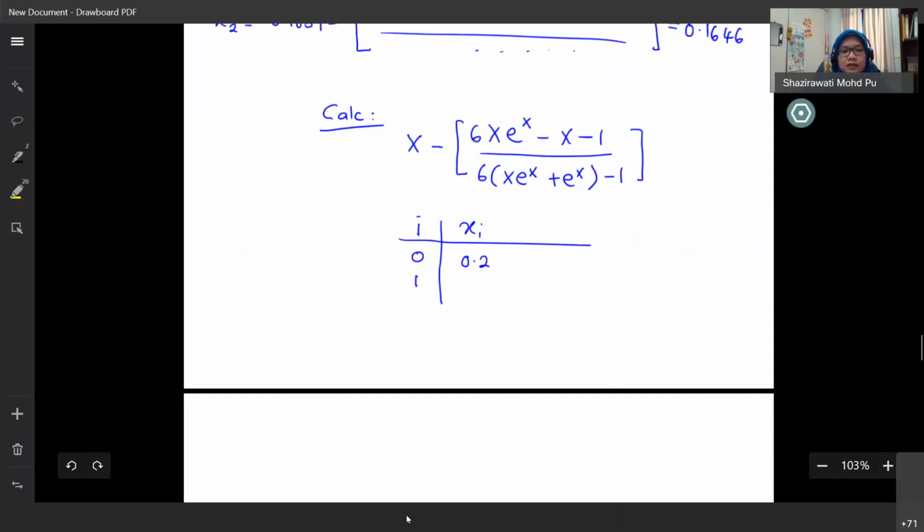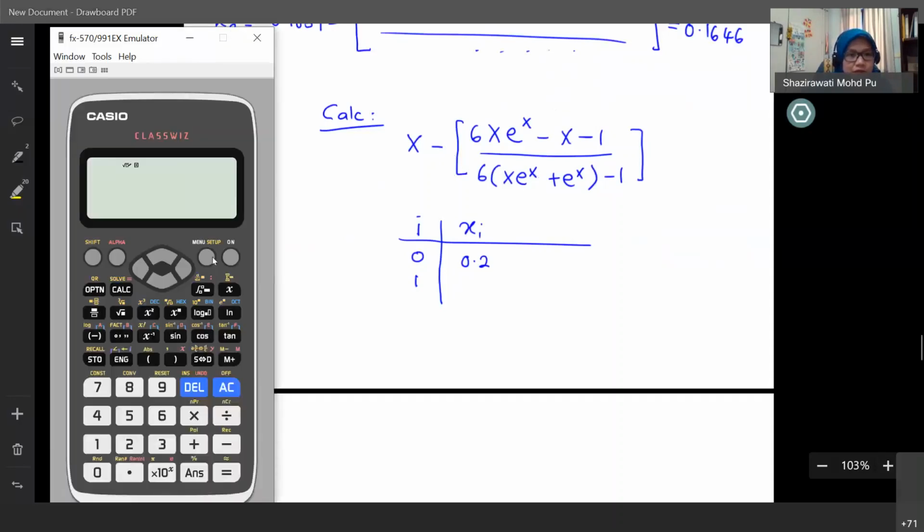So in your calculator, first of all, do we have the trigo function? No, so it's okay. If you have the degree here, okay. So I'm going to store the formula now. I have alpha x minus, then the fraction. At the top I'm going to put the bracket, to be safe, always.